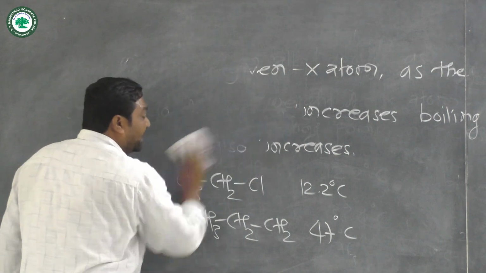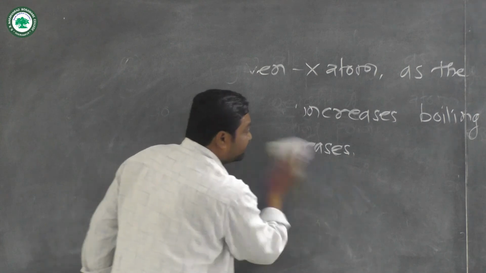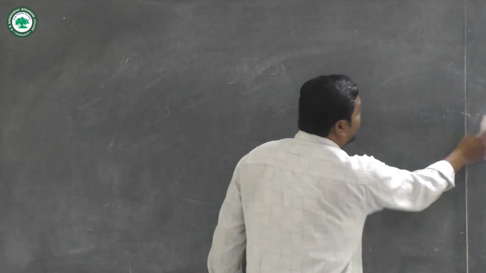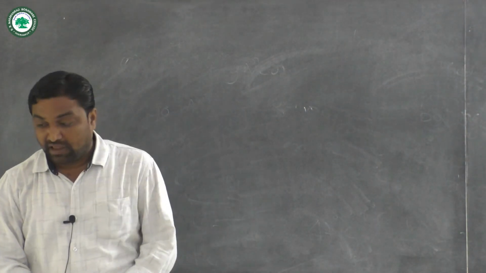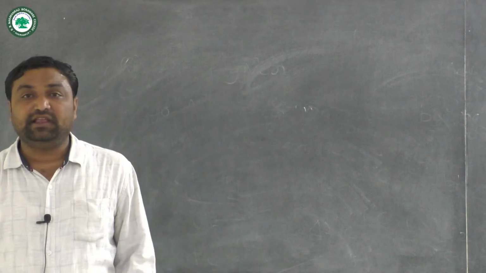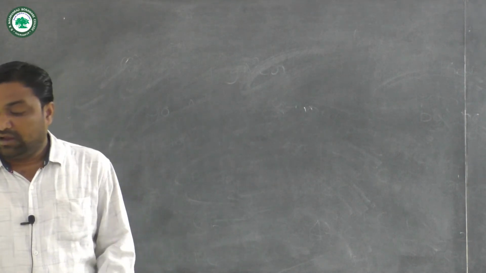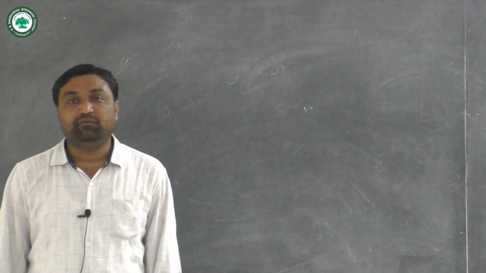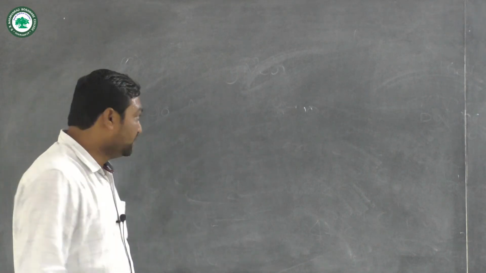Now the last property of these alkyl halides is that as branching increases, its boiling and melting point decreases.